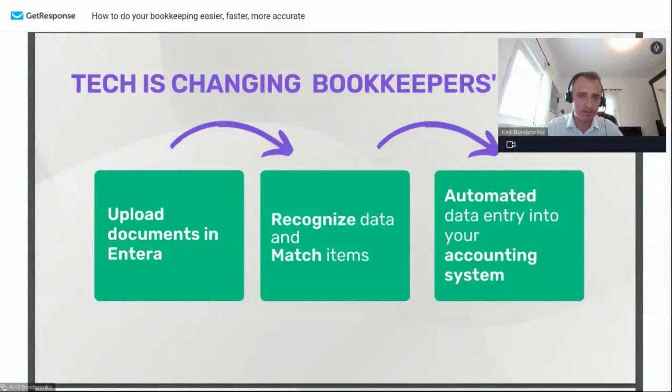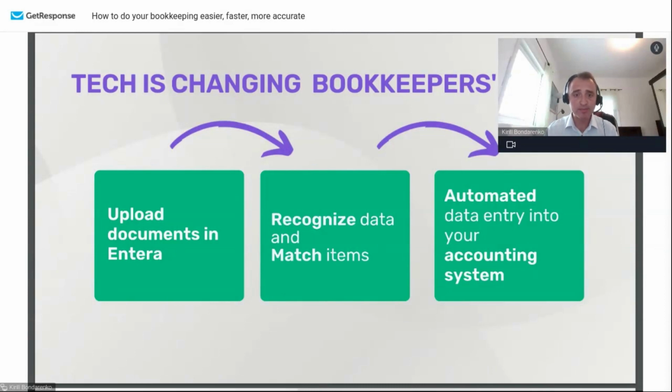The first step, uploading documents to Intera from different sources. The second step, Intera captures the data, recognizes it, classifies each document, and does multiple validation to check correctness of data. Also, Intera is synchronized with your accounting software and provides matching for items, categories, or ledgers, for type of transactions, for name of suppliers.